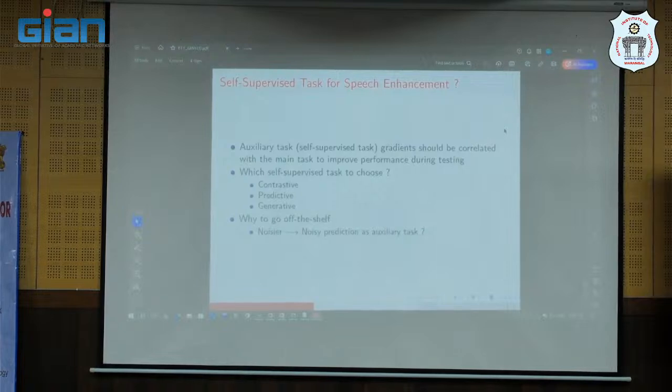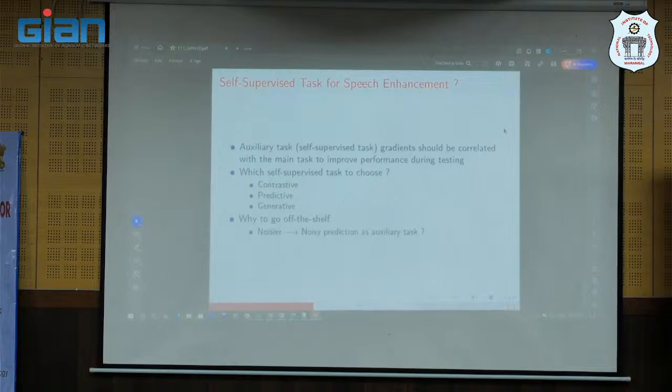There are a lot of self-supervised tasks for speech to learn representations, and there are mainly three different kinds. We have contrastive self-supervised models, where we try to predict the immediate next samples, increasing the likelihood of predicting the next few samples and reducing the likelihood of predicting negative samples coming from a different utterance.